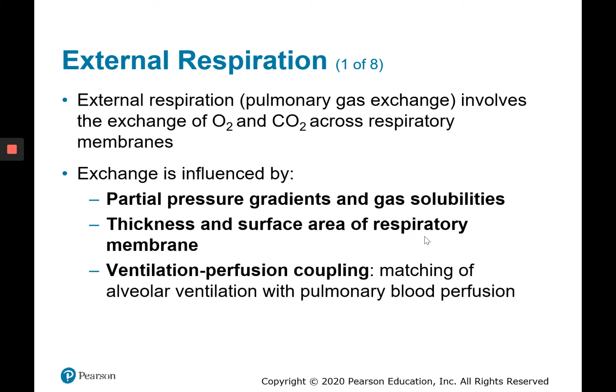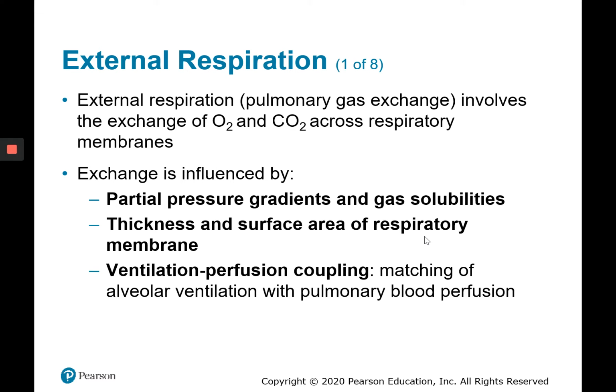Next, we want to look more in detail at external respiration. Again, external respiration occurs between the blood and the lungs. It's also called pulmonary gas exchange. During external respiration, we're going to exchange the two respiratory gases, oxygen and carbon dioxide.